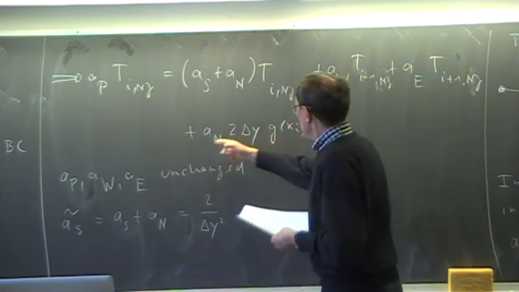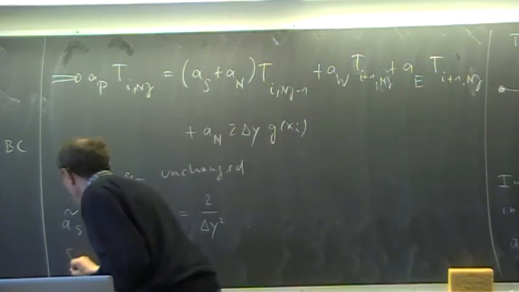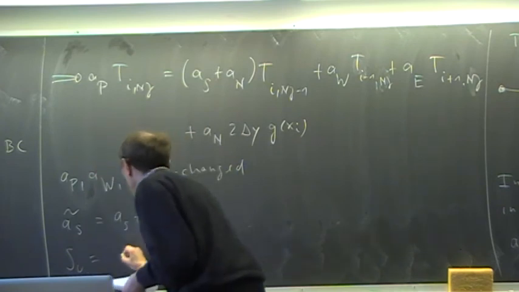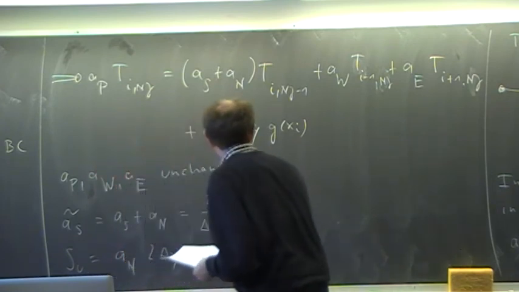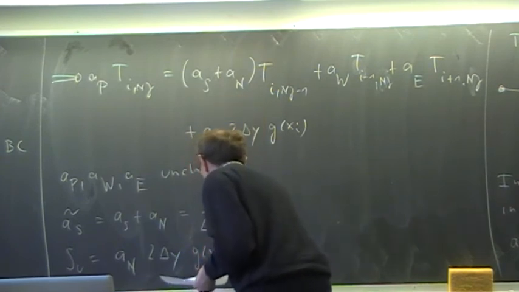And this part is then part of the uniform source, aN 2 delta y g of xi.